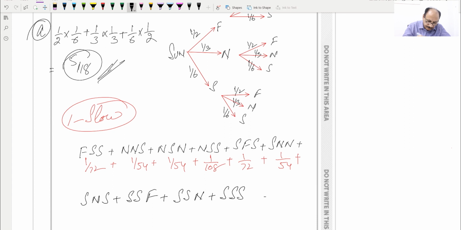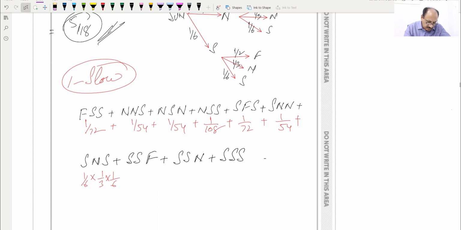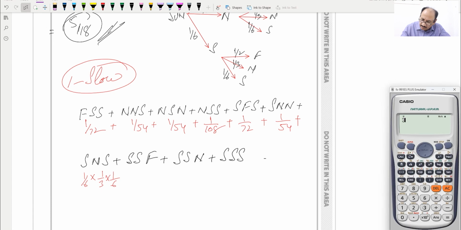Now we can go for slow, which is 1 over 6, into no change, which is 1 over 3, into 1 over 6, and we can write this as 36 into 3. So 36 multiplied by 3 will be resulting to 108.